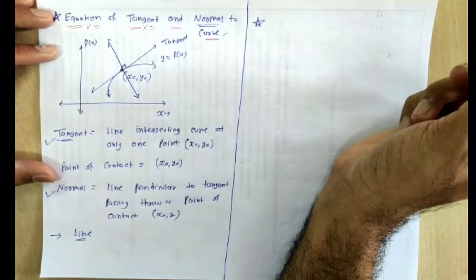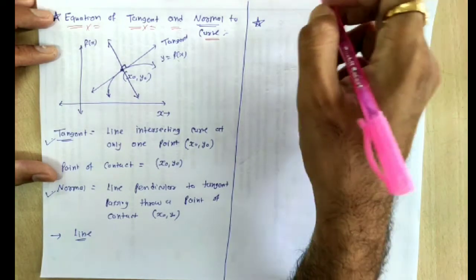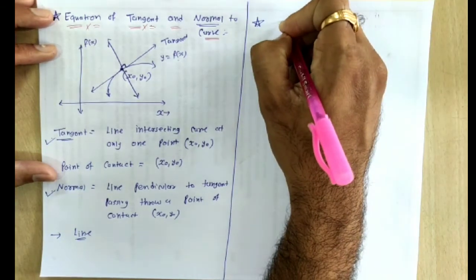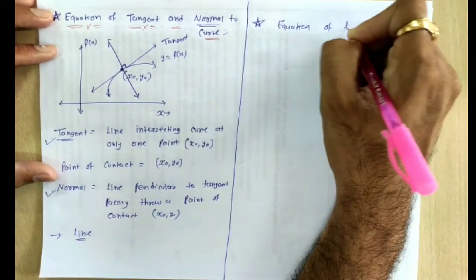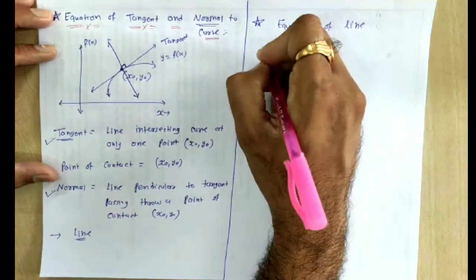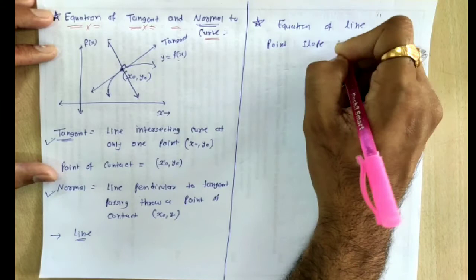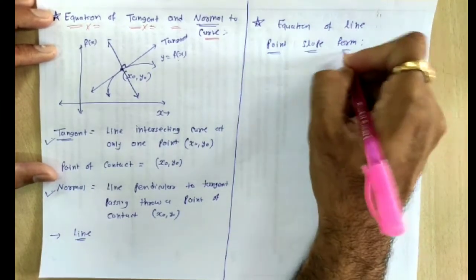For that, the maximum use is of the equation of line in point slope form. We have to use equation of line in its point slope form. That we have already discussed in our 11th standard.